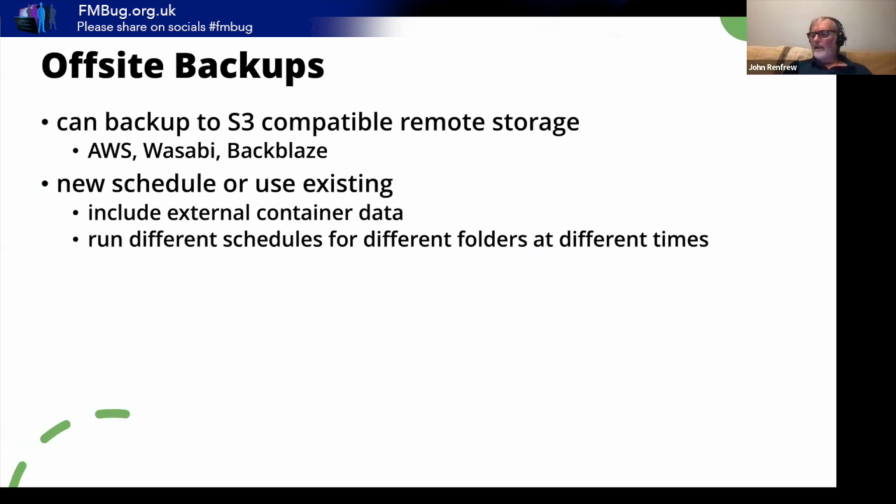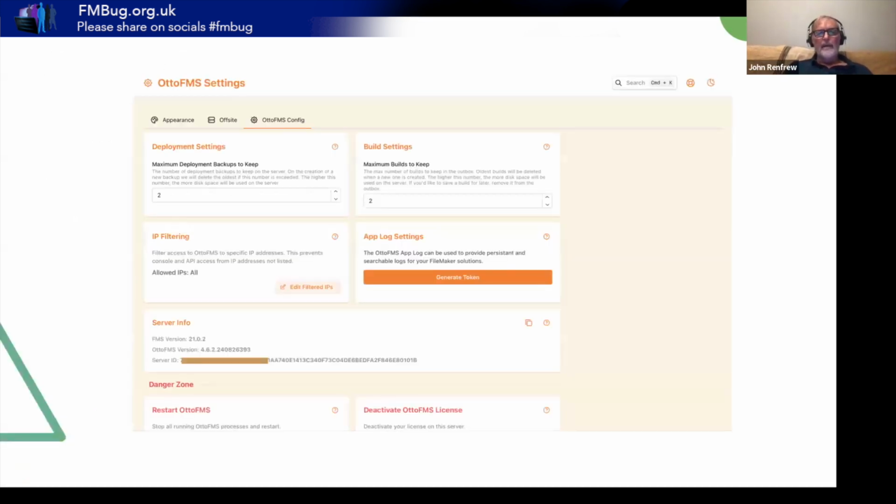You have the choice of including or not including external container data. Since I suggested it several versions ago, you can now run multiple schedules based on a backup for this folder and that folder and that folder at different times. So you could move one file to your offsite location every night at midnight and another file back up to your offsite server every Friday or every 3 days. But that's where you set up offsite backups.